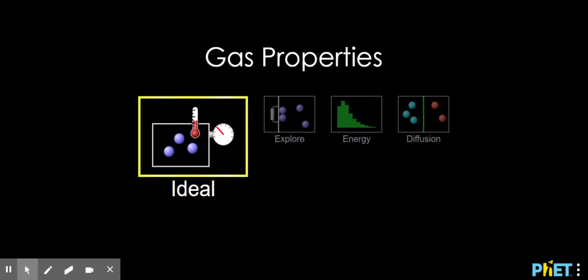It's not just the size of the container. Some volume is excluded and things like that. But this is a nice simulation because it cuts out a lot of that stuff and follows what we call the kinetic molecular theory. Essentially, how do we imagine gas particles moving around, and how do the properties of a gas all relate to what those particles are doing?